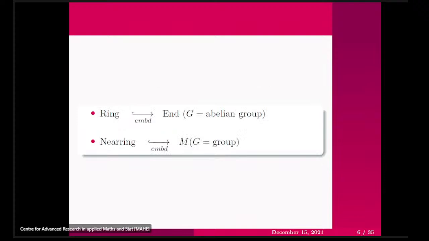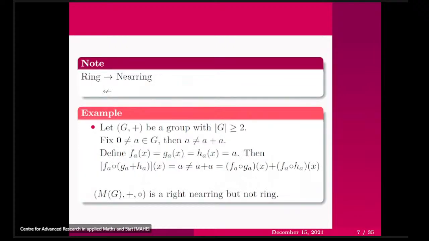It is a well-known fact that every ring can be embedded into the endomorphisms of an abelian group, whereas a nearing can be embedded into Mg, where G is just a group. So a ring can be a nearing, but the other will not be true. For example, let G be a group with at least two elements.